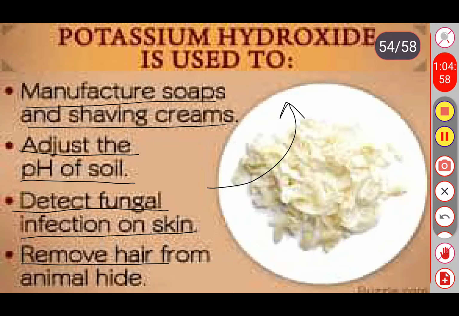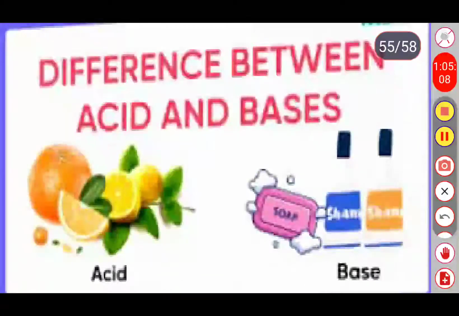See the next one, the last concept, that is differences between acids and bases. How are you going to categorize acids and bases, on what basis are you going to distinguish the two main compounds, acids and bases? See here, the first difference is definition. How can you define acids?